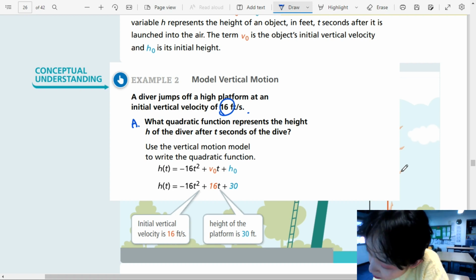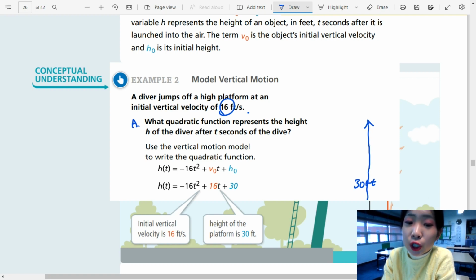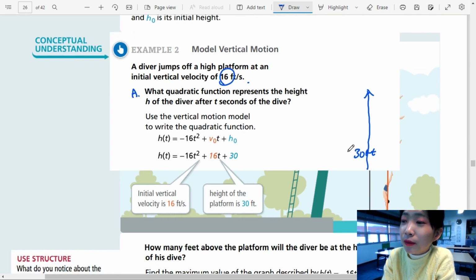I think the picture is cropped, but if you look at your textbook, it will give you that the height is 30 feet in the diver's picture. So plug that in.